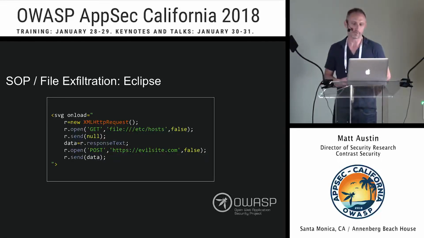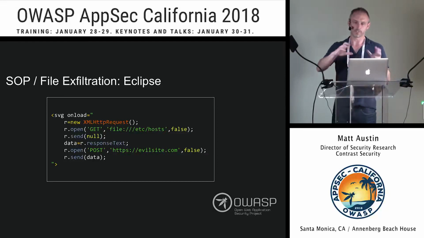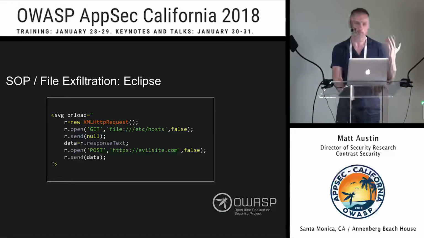So what happens if we read /etc/passwd or /etc/hosts, or what if we read your SSH keys from your local directory? And then we can send those out. Most browsers treat file as privileged, so file can go out, but you can't go down to file. So file can call out to an evil site, and you control the CORS headers for the evil site, so you can allow that request to come out.